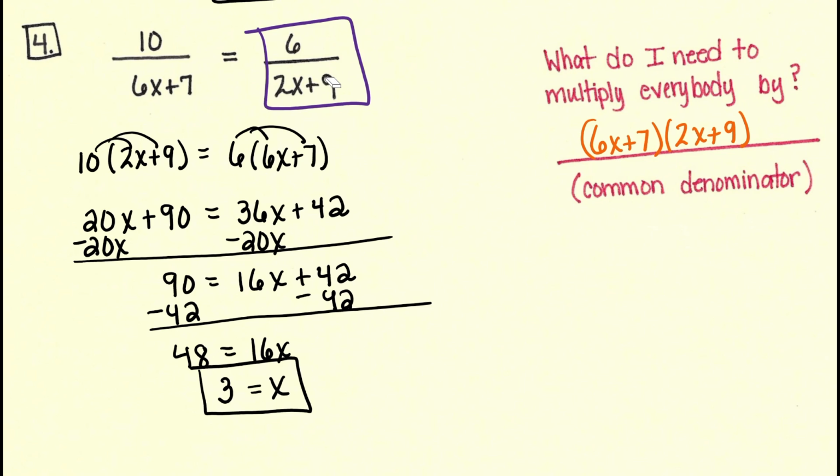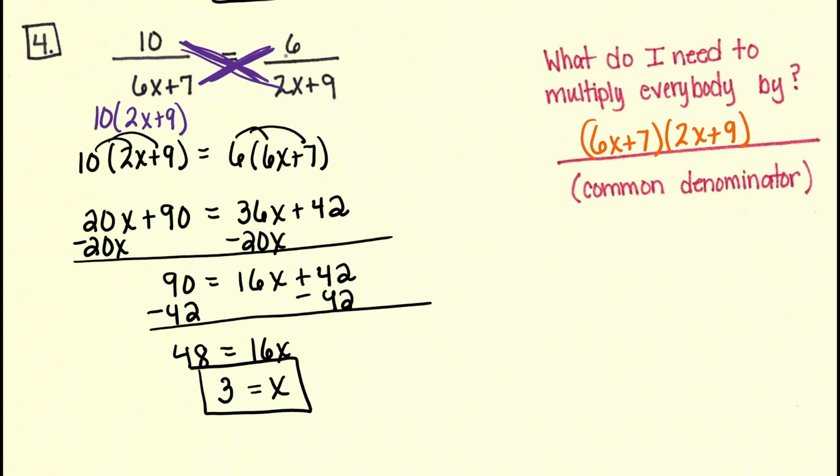So this one multiplies to this one, they're across from each other. This one multiplies to this one, they're across from each other. So the 10 is across from the 2x plus 9. The 6 is across from the 6x plus 7. And you can see that's exactly what we got as well.